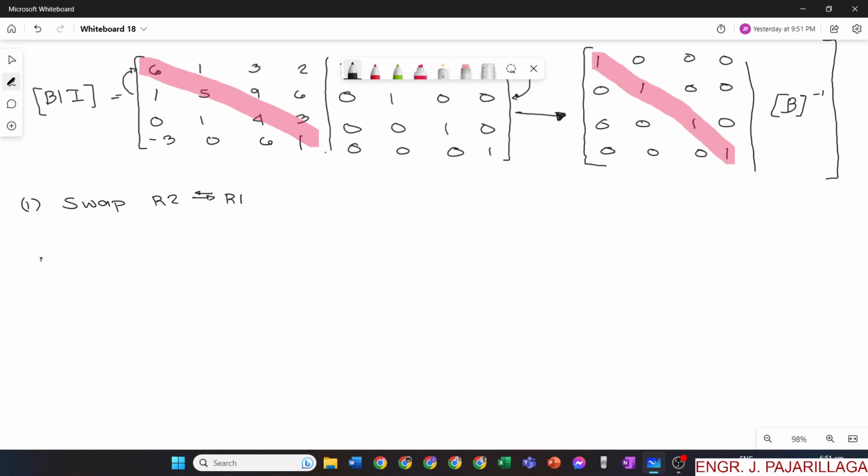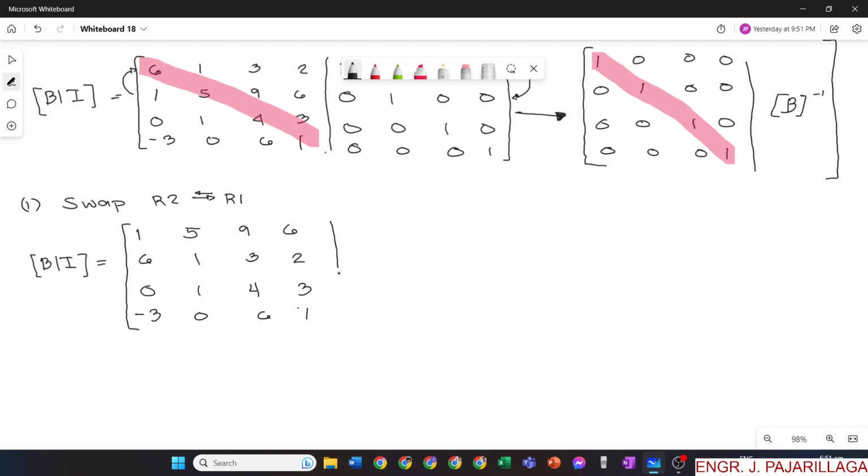Our initial B augment I becomes 1, 5, 9, and 6. Then we have 6, 1, 3, and 2. Then we have another 0, 1, 4, 3. Then we have negative 3, 0, 6.